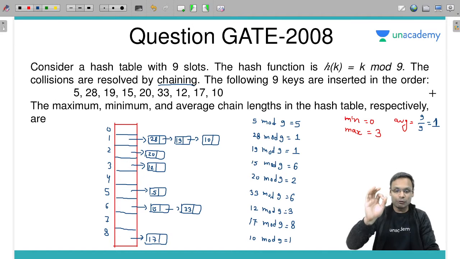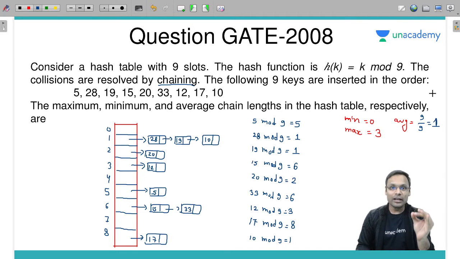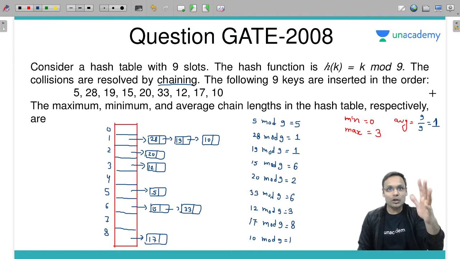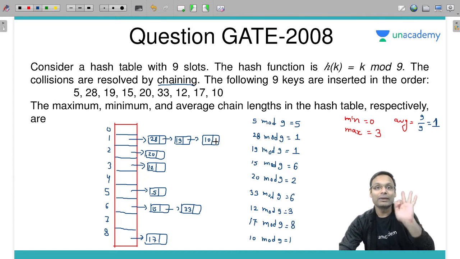Now, I will give you a small hint. If in this same question they ask directly, what is the average chain length in the hash table? I will not solve this question in the GATE exam. See, chain length here is 3, just because 3 elements are inserted.